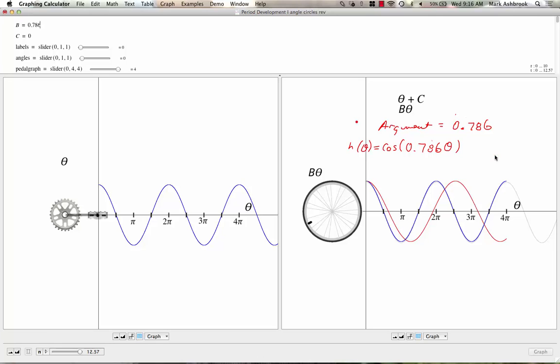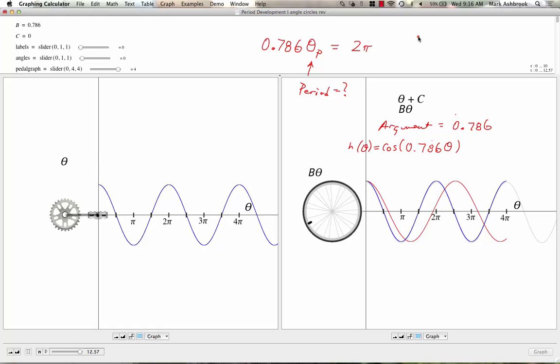So exactly how much will the period be? Well, if we don't know the period, call it theta sub p. We know that we'll have that period angle when the argument reaches 2 pi, because we know that's the period of cosine.